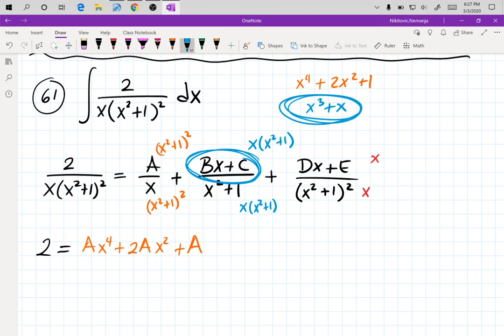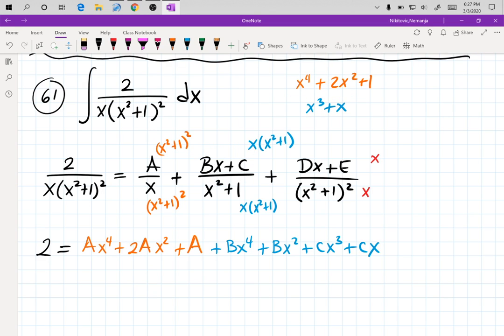I have Bx to the 4th plus Bx squared plus Cx cubed plus Cx. So those are my blue terms when I multiply that. And the easiest ones are the red ones at the end. Plus Dx squared plus Ex. That's easy.